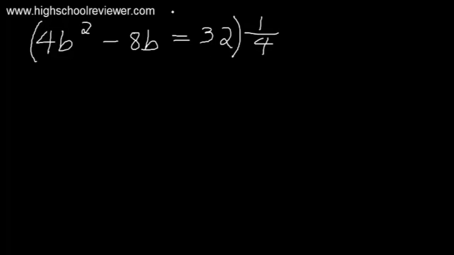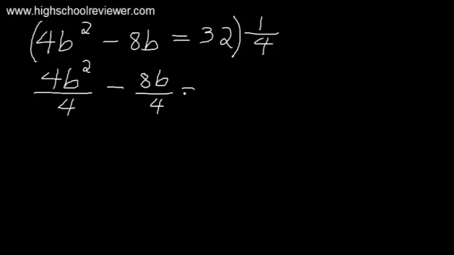So 4b squared times 1 over 4, that will be 4b squared divided by 4. And negative 8b times 1 over 4, that will be negative 8b all over 4. This will be equal to 32 times 1 over 4, that is 32 divided by 4.